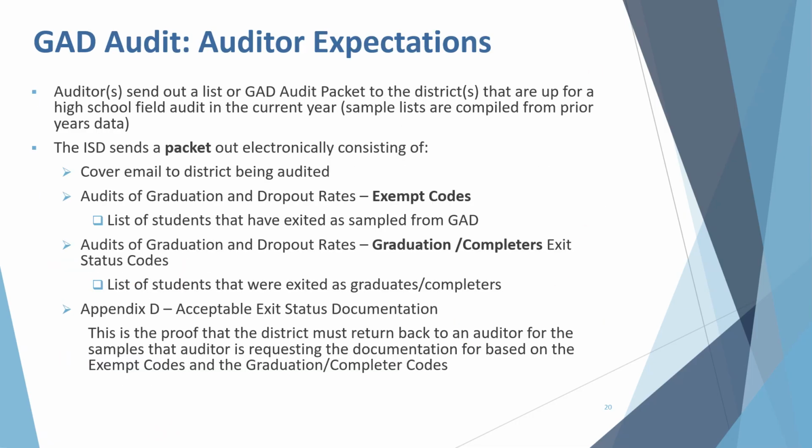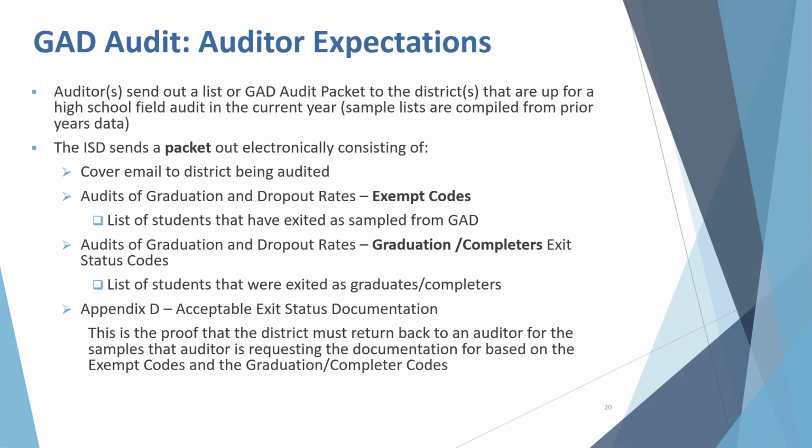Now, once the auditors have selected which records will be sampled, they either email a list of the UICs or provide the district with an audit packet. Then the supporting documentation will be submitted to the auditor to justify the exit codes for those sample records, meaning that the districts didn't just select an exit code based on their own judgment.